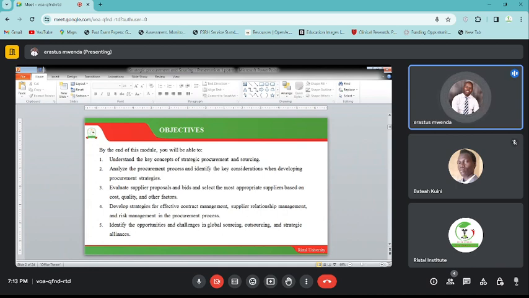But when you do strategic procurement and sourcing, now you gain a very crucial knowledge that will assist you to plan your procurement activities in advance, sourcing activities in advance, and you will not be caught flat-footed because you did not do it in advance.